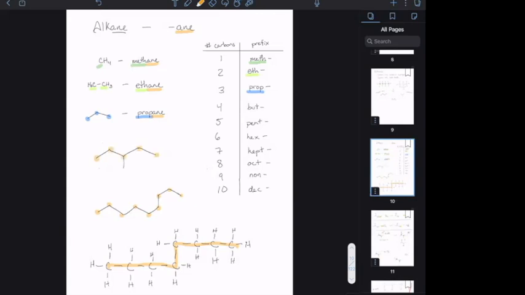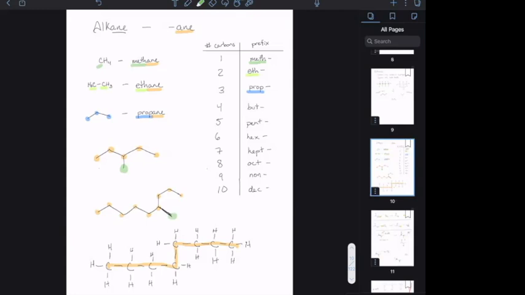And that's what we call our parent chain. Then from there, we'll go on to talk about the things that stick off of our parent chain. So being able to identify the longest contiguous set of carbons matters. Even if there was a methyl group here, the part colored in orange is still the longest continuous set. So the orange would be my parent chain, and this will be my substituent.